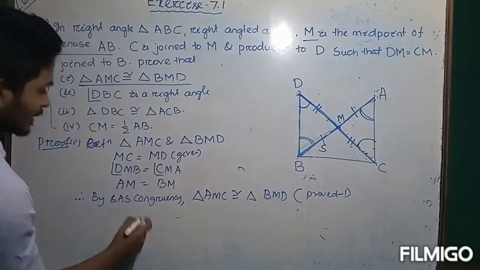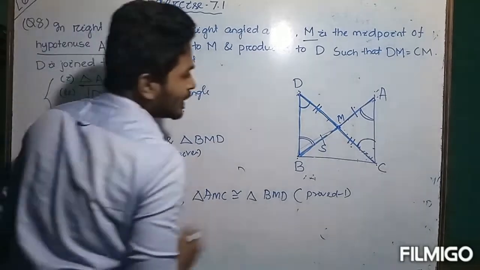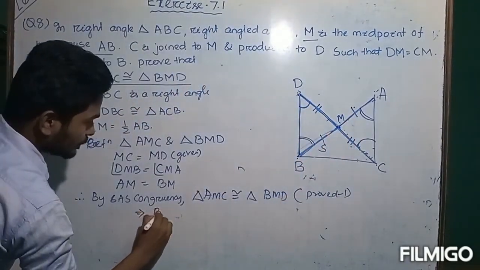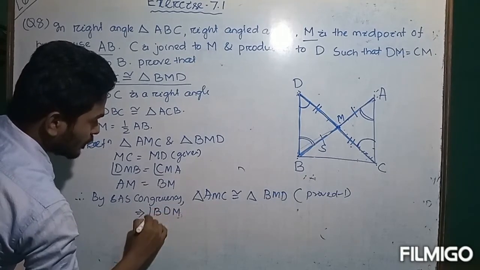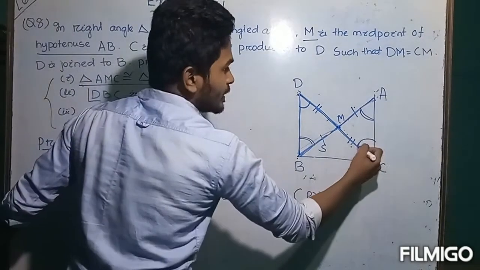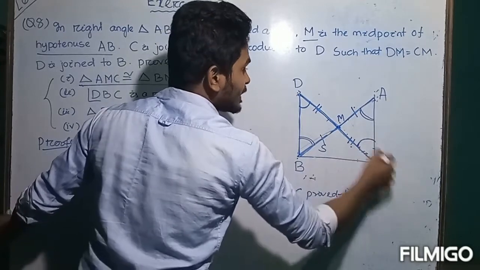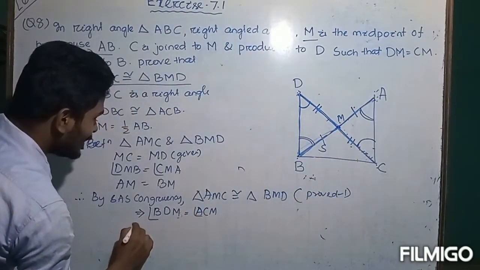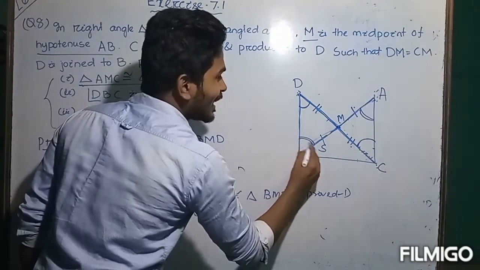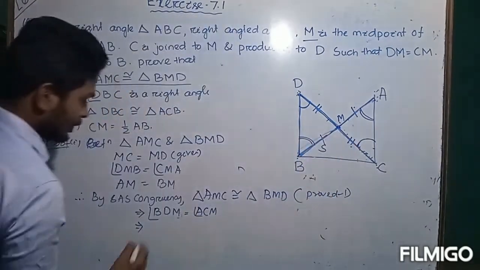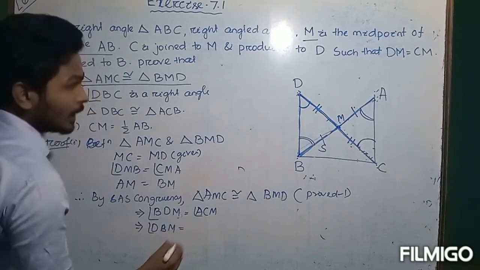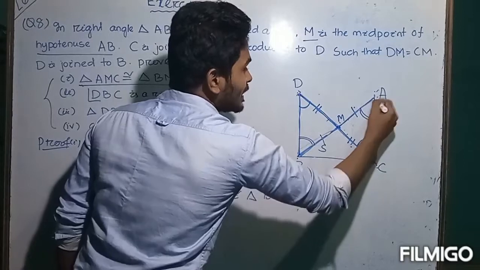So you can write, implies, angle BDM is equal to angle ACM, or you can write angle DBM is equal to angle CAM.